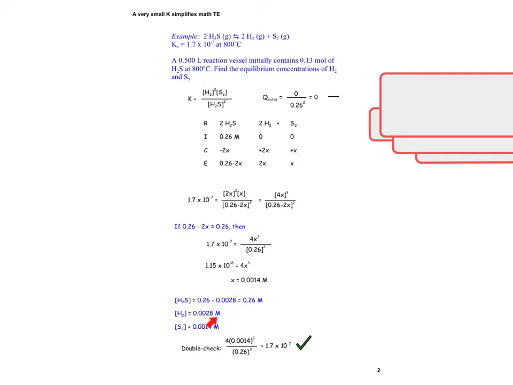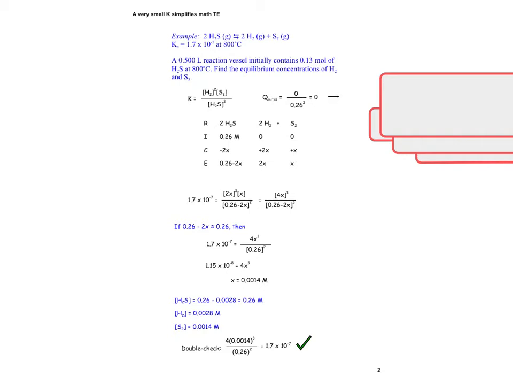So hydrogen is 2x, 0.0028, sulfur is x, 0.0014, and I even decided to go back and double check. Let's plug these numbers back into my calculator, and it's still 1.7 times 10 to the negative 7th.